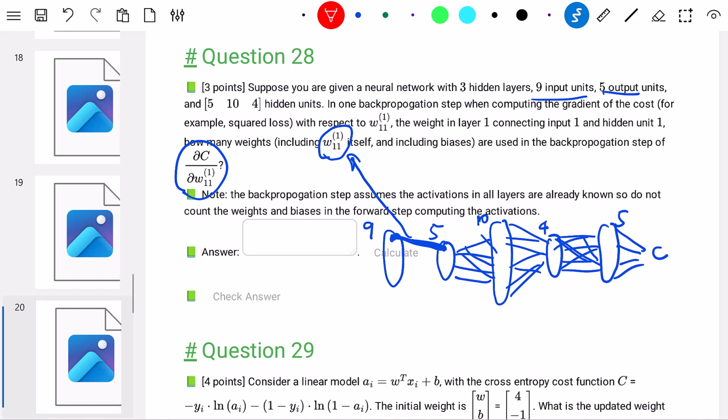Okay, so the first thing is in the gradient descent formula in the backpropagation step, which means we already did the activation step, so we know all the values of the hidden units and the output units. We only need to compute a gradient, which is W111 is equal to W111 minus some learning rate multiplied by the gradient.